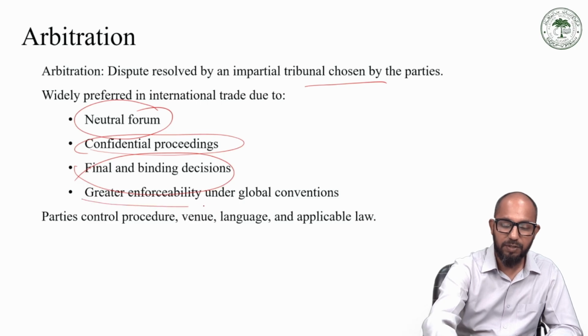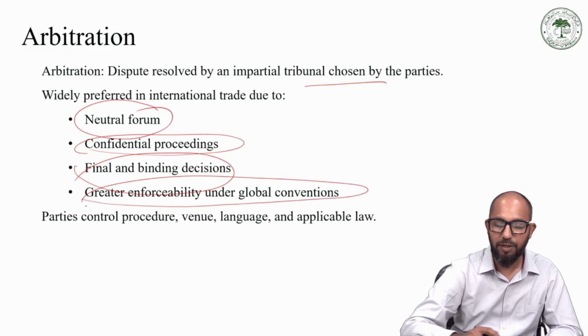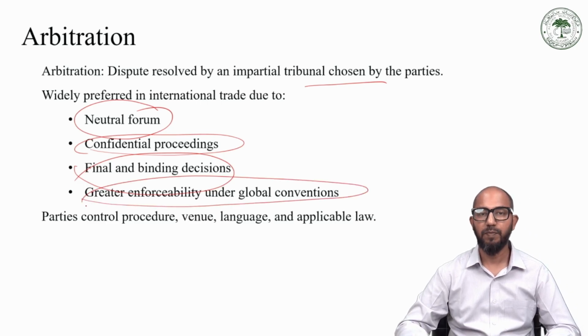The next benefit is greater enforceability under global conventions. Global conventions that are used in trade disputes and international trade talk about mediation and conciliation, but the outcome of mediation and conciliation is not considered legally binding. The only thing which is considered legally binding is the arbitration by tribunals.